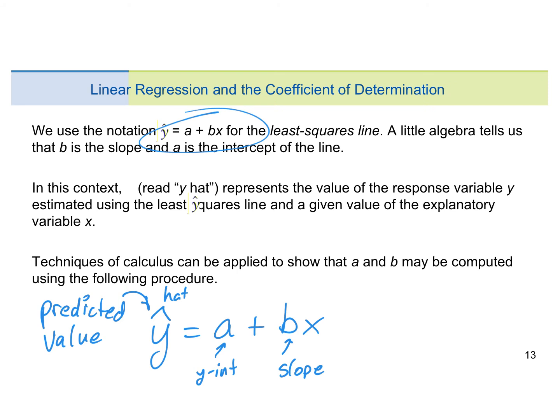So in our example dealing with caribou, remember caribou is X and wolves is the Y. When I plug in a number for caribou, a made-up number, say 2,500 caribou, that's a 25. Plug it in. It's going to tell me how many wolves there should be, not how many there are, should be. Why? Because we're predicting this.